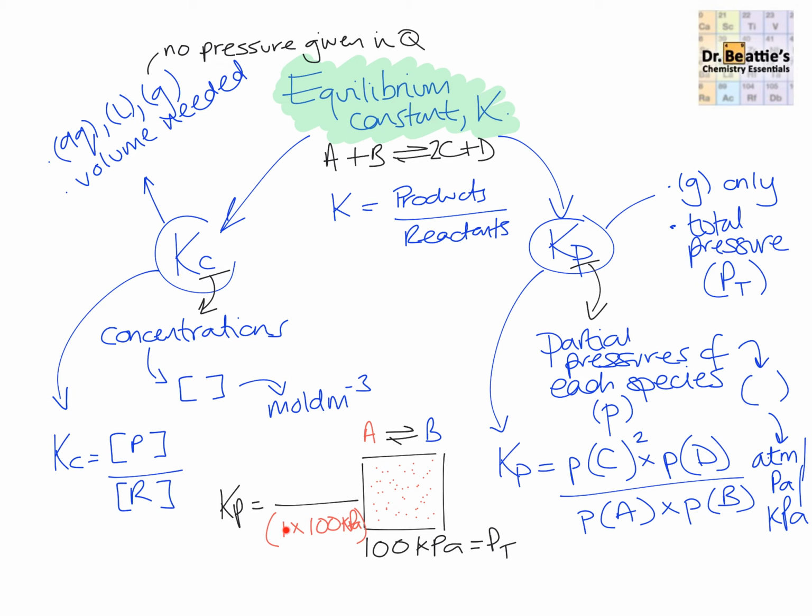And it's this calculation of this fraction times the total pressure that we call a partial pressure. As there are no particles or molecules of B, we're going to have 0, because 0% times 100 kilopascals gives the partial pressure for the product B. So now we've got the partial pressure of B and the partial pressure of A, so we can work out Kp.